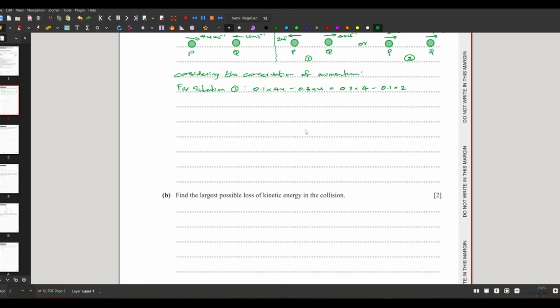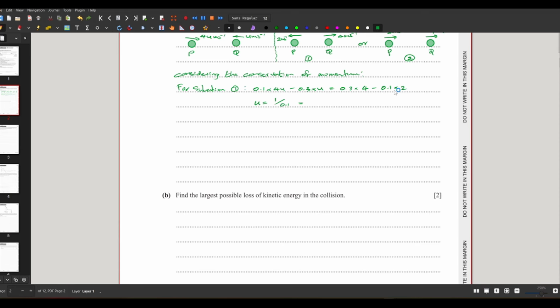This is 0.4u minus 0.3u, so it is 0.1u. Then u equals 0.3 times 4 is 1.2, minus 0.2, so it is 1, divided by 0.1.